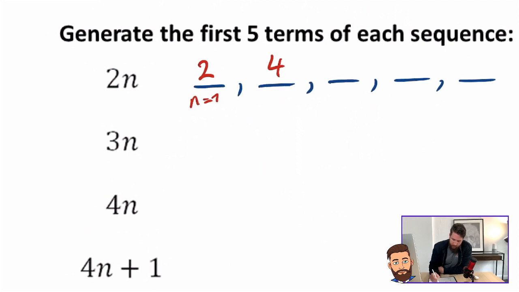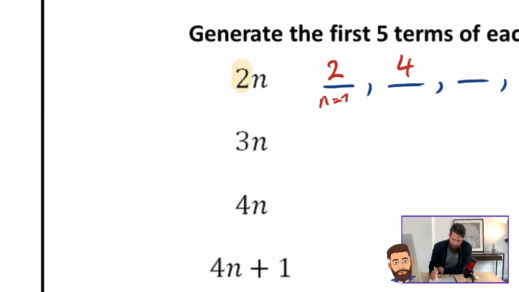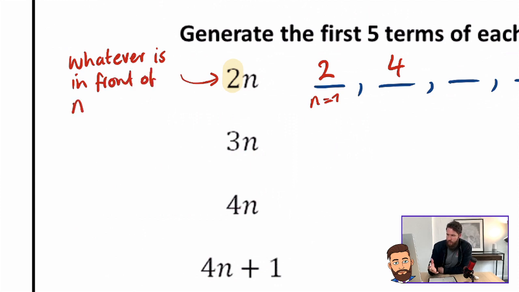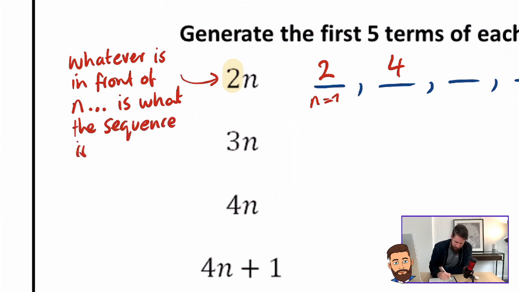We know, and we can make this note now, whatever is in front of n, providing it's a linear, not a squared, is what the sequence is going up or down by.